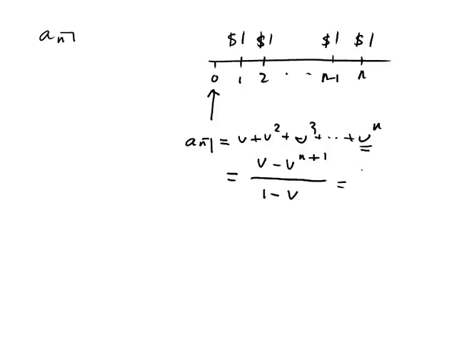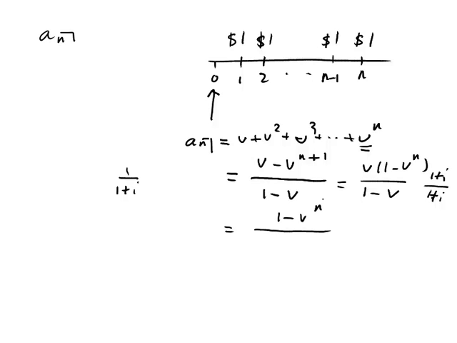Take the factor V out: V times (1 minus V to the n) divided by (1 minus V). Your V is 1 divided by 1 plus I. So I multiply both numerator and denominator by 1 plus I. The numerator becomes 1 minus V to the nth power, and the denominator becomes I. So this is the formula for the present value of an n-year annuity immediate.